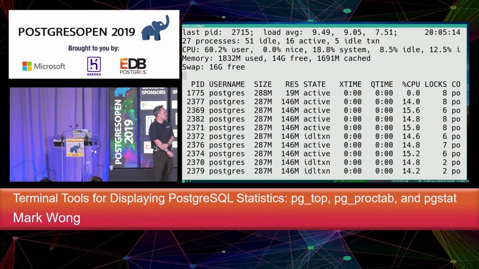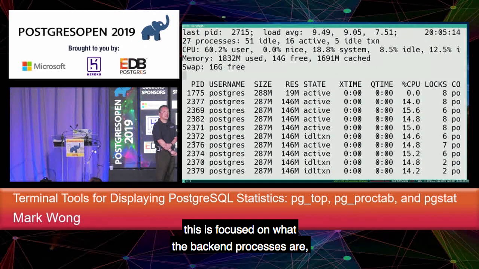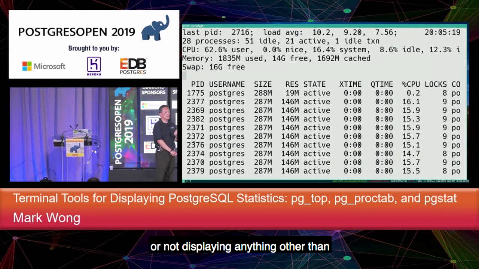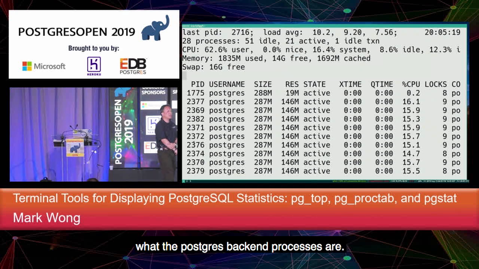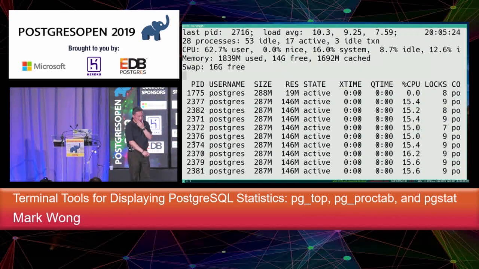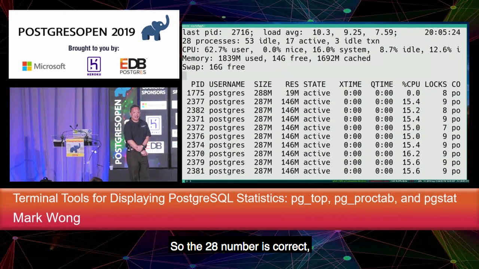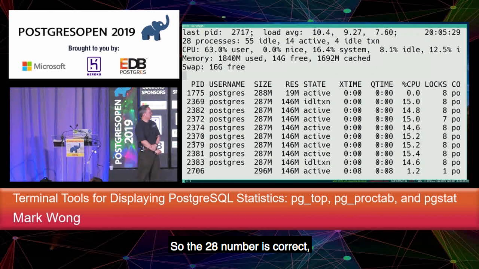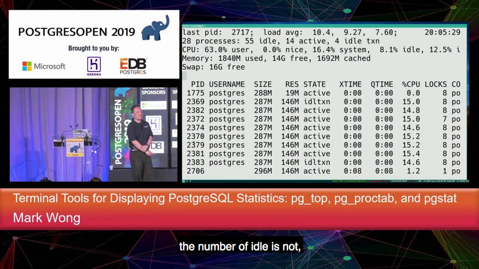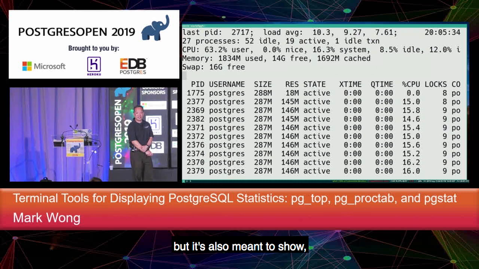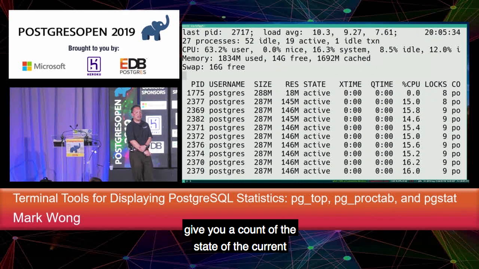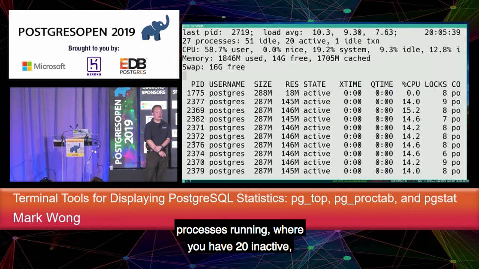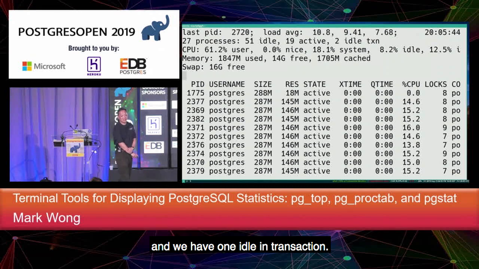This is focused on what the backend processes are, not displaying anything other than what the Postgres backend processes are. So the 28 number is correct. The number of idle is not, but it's also meant to give you a count of the state of the current processes running, where you have 20 of them active and we have 1 idle in transaction.